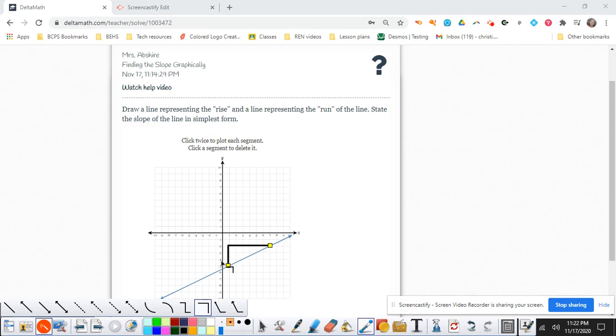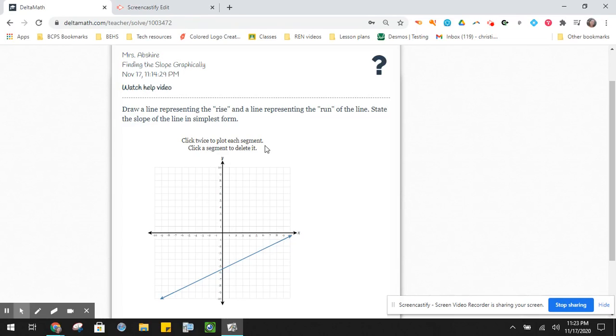And so I was counting rise and run using this tool. You guys will not have this tool, but Delta Math does have something built in that you can use, and I'm going to show that to you. Make sure you're paying attention because it takes more steps than my smartboard tool. So just watch what I'm doing.